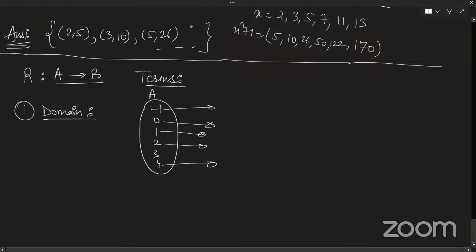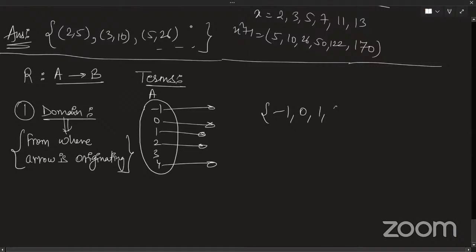So domain is the set of all those elements from where the arrow is originating. So the domain of this relation would be -1, 0, 1, 2, 3 and 4.